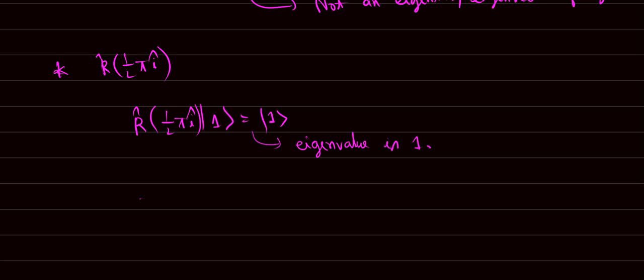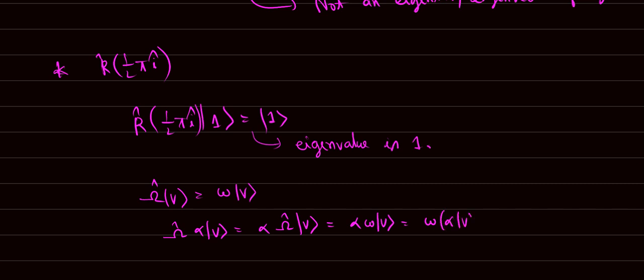So generally if we have any eigenvector, any scaled up vector of |v⟩ is also an eigenvector of our operator omega.